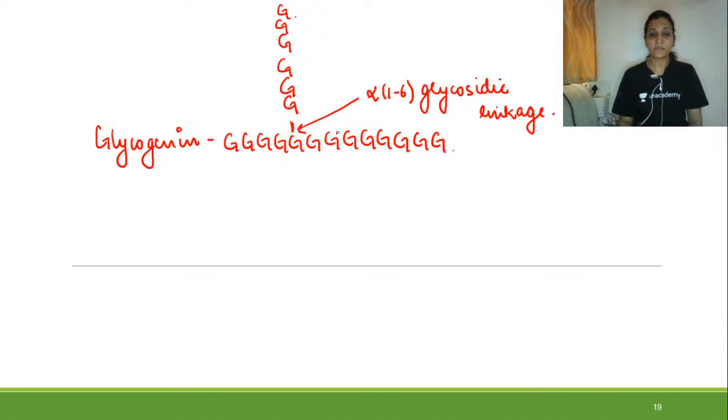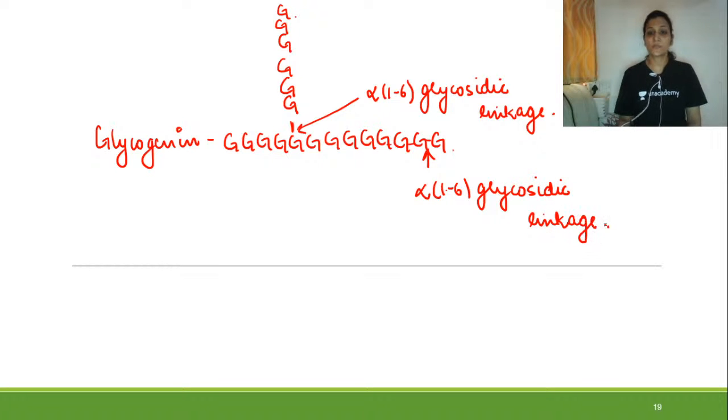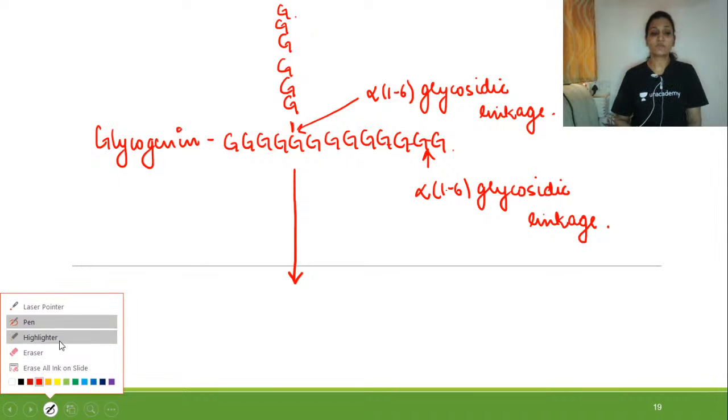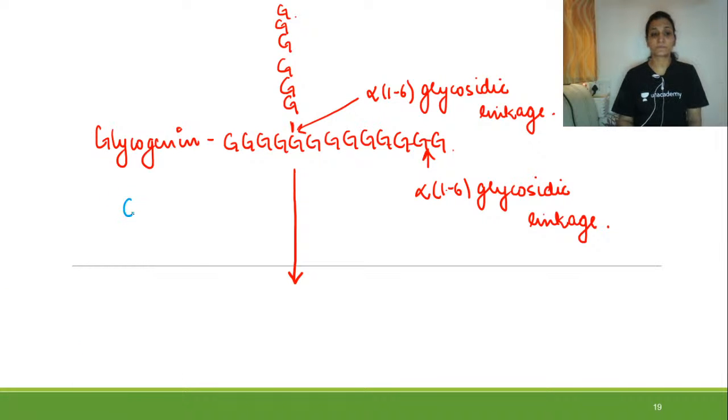And the linkage between these glucose molecules is alpha 1,4 glycosidic linkage. So now we are talking about breakdown of this. Here the key enzyme is glycogen phosphorylase.